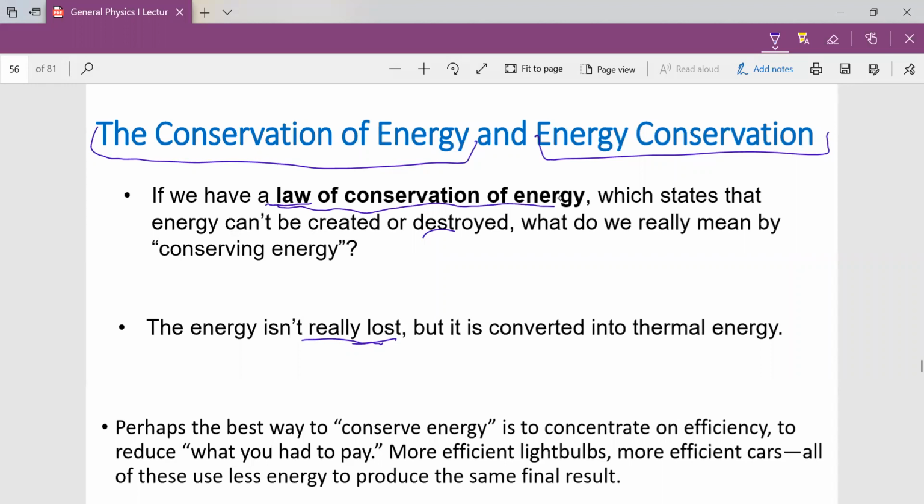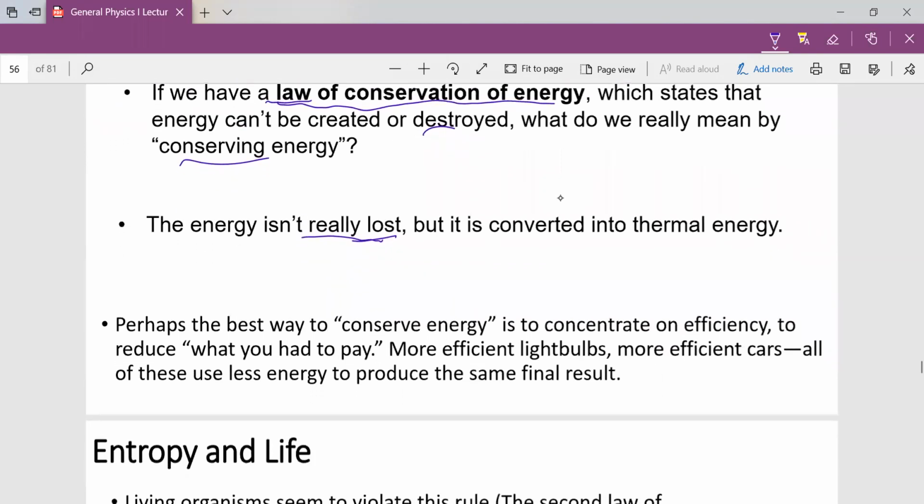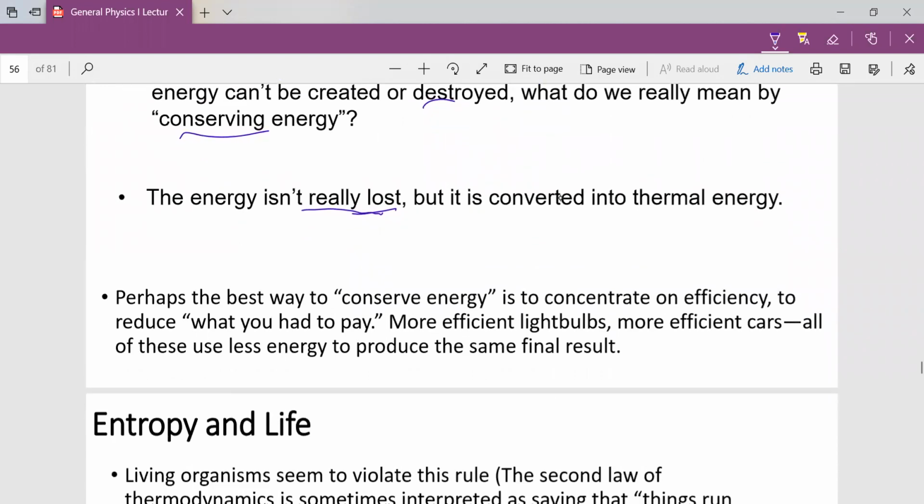Yes, the thermal can go to the environment, but we'll have a process that helps us keep the temperature at a constant rate in place. That is what we mean when we say we are conserving energy. We put processes in place that keep that system at a constant rate.